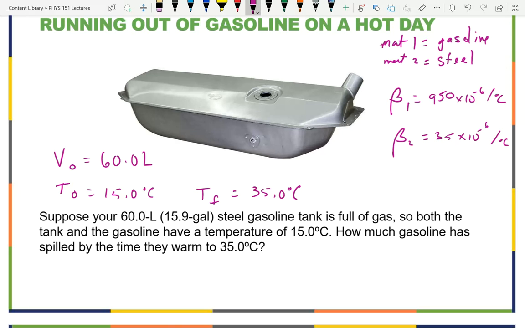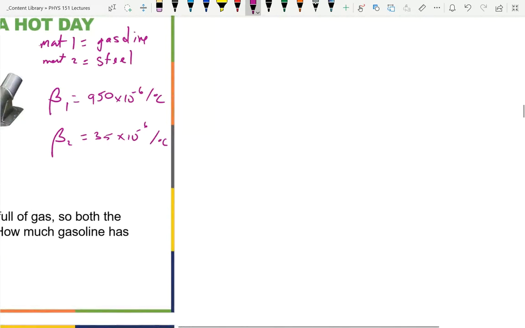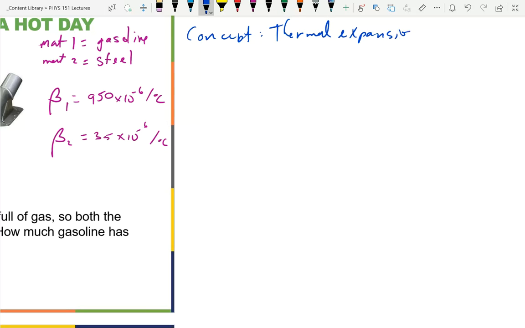And so my strategy concept is thermal expansion. So my equation, delta V is equal to V initial beta delta T, beta because of volume.